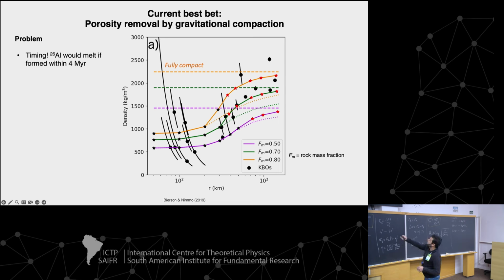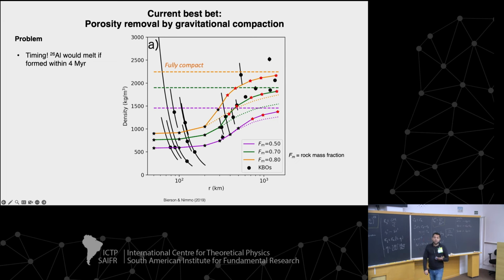And these are some of the curves that you get by gravitational compaction. Fm here is the rock mass fraction. So these are curves of equal rock mass fraction: half, 0.5, 70% rock to 30% ice, and 80% rock to 20% ice. And these are the lines of fully compact objects, right? So this seems to be fine. You can fit several of these objects with this model.